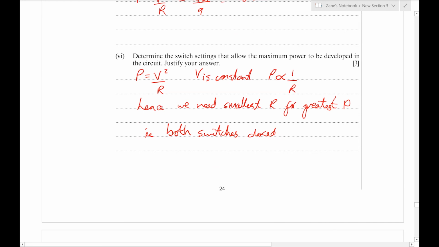There's no need to actually calculate that power, but if we wanted to do it for completeness, we can just use V squared over R again. So we've got 144 over a total of 6, giving us a power of 24 watts.